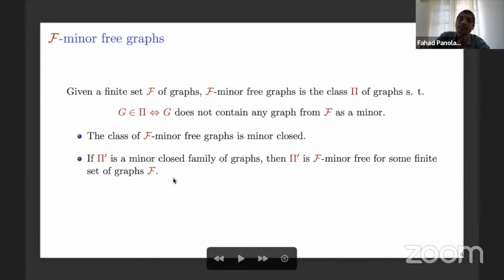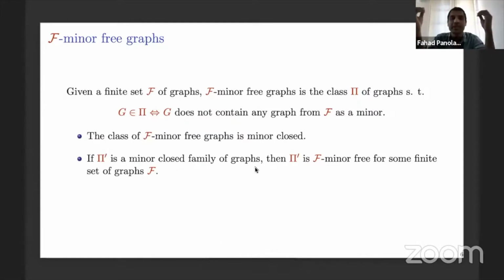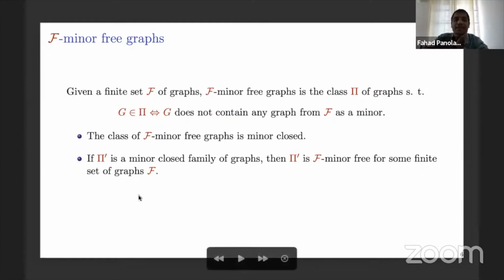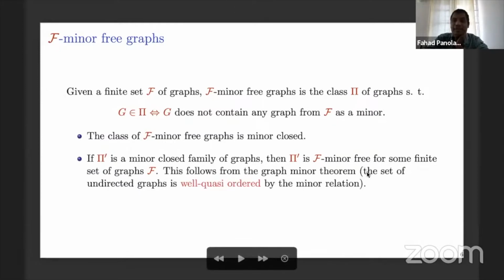And in fact the converse is also true. If pi prime is a minor closed family of graphs, which means that for any graph G in pi prime, all its minors are also in pi prime, then pi prime is F minor free for some finite set of graphs F. And this follows from the graph minor theorem, which says that undirected graphs, and all the graphs we consider here are simple undirected graphs, are well quasi-ordered by the minor relation.